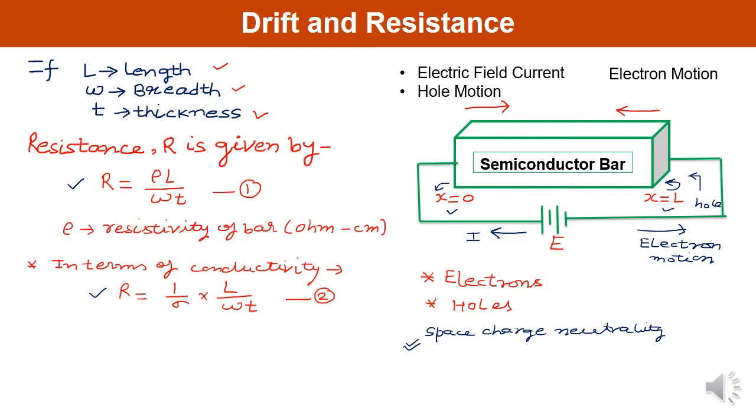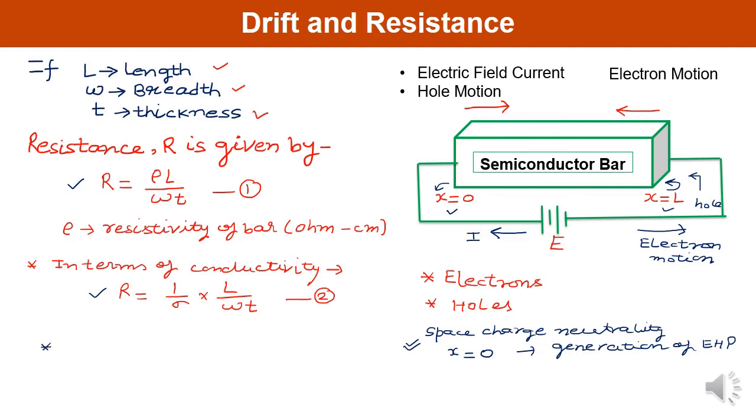It means the source of the hole at x is equal to 0 is the generation of an electron hole pair. Therefore, the hole flows into the bar while the electron flows into the external circuit.